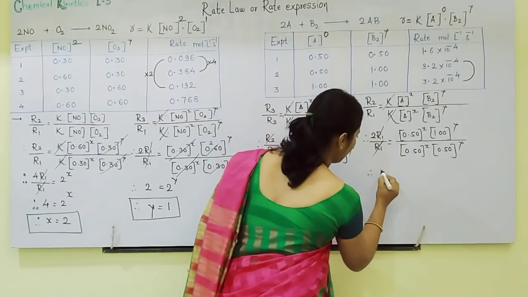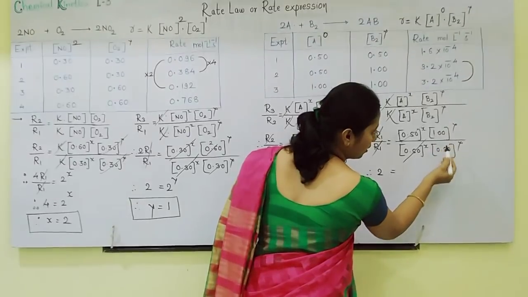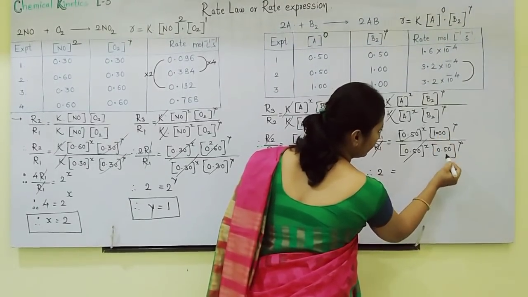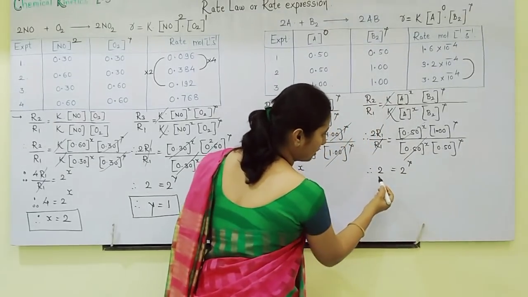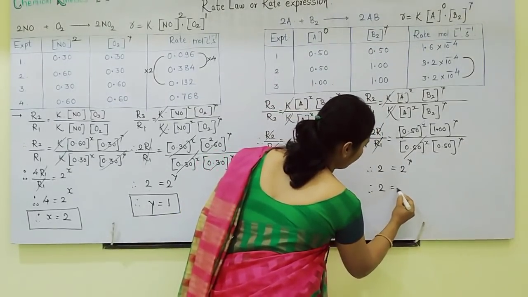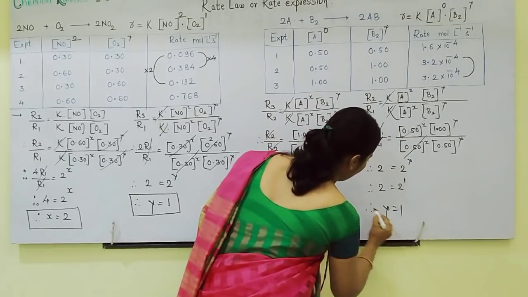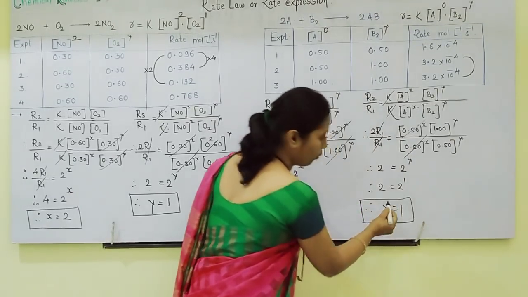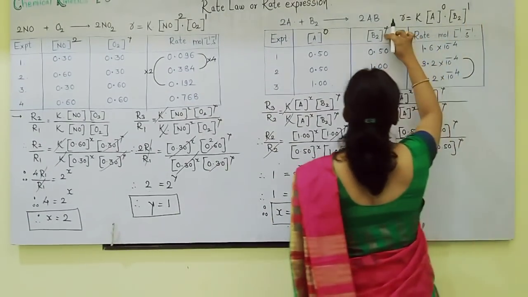R1 got cancelled, you got 2 is equal to, this will get cancelled, 0.50 and upside is 1. It is twice, 2 raised to y. 2 raised to which number is equal to 2? Of course 2 is equal to 2 raised to 1. Therefore y is equal to 1. The exponent of B2 is 1.